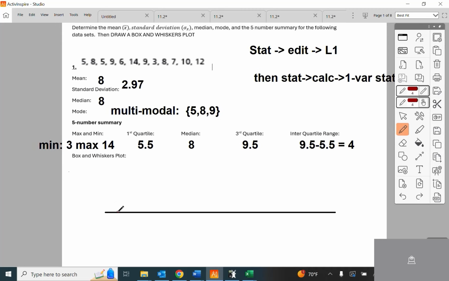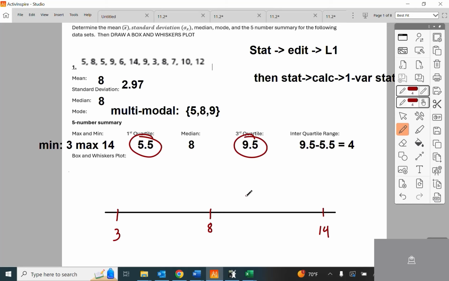So my low value is 3, my high value is 14. My median's at 8. And when I draw this box and whiskers plot, it needs to go from 5.5 to 9.5.